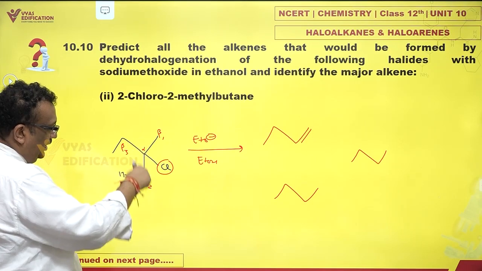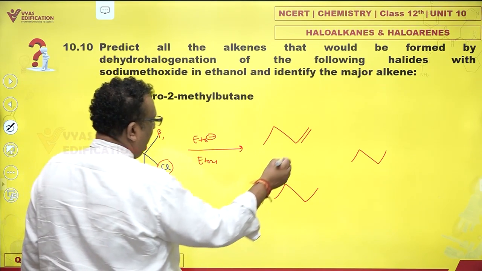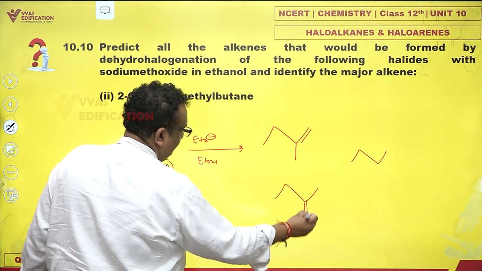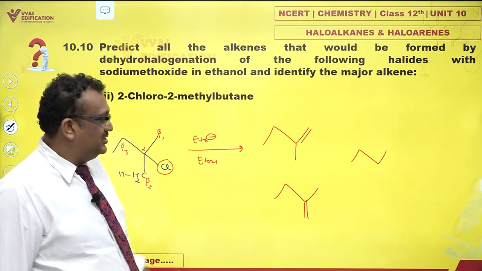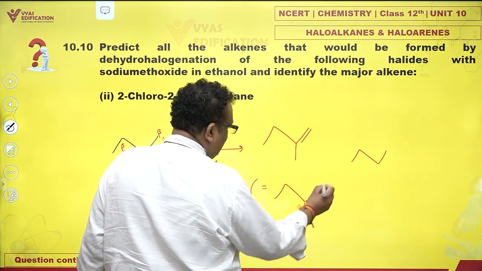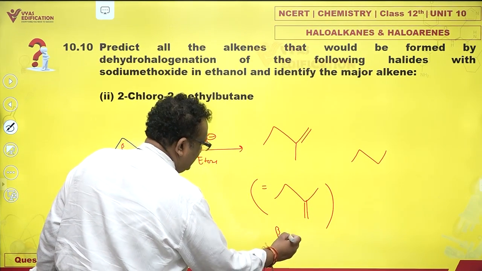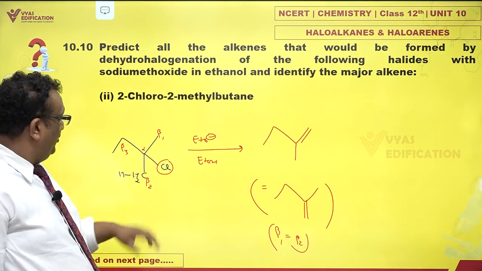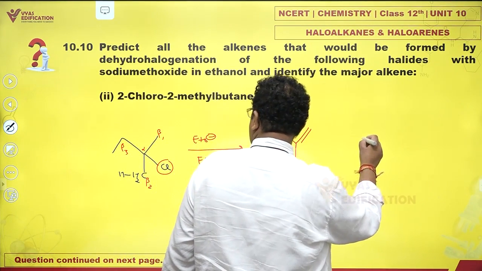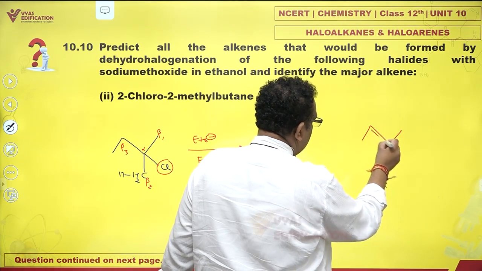With beta 2, I get a pi bond down there. Actually, if you see, these are same. These are identical, there is no difference. So beta 1 is same as beta 2. What about beta 3? Let's try that. If beta 3 is eliminated, well, what you get is this.